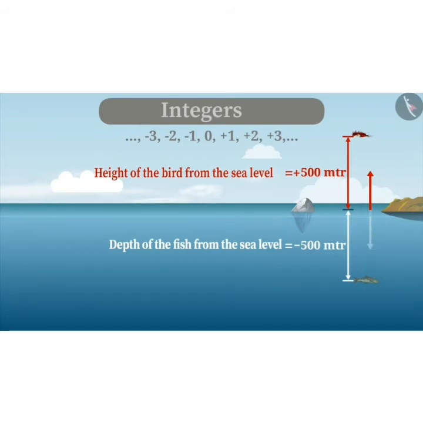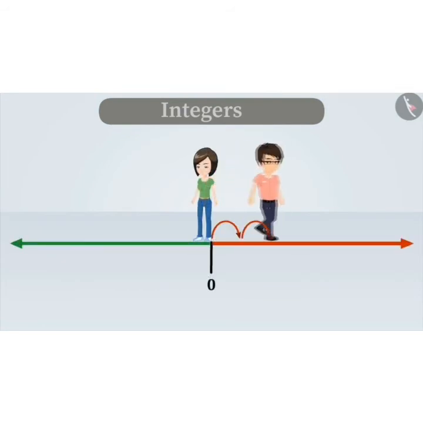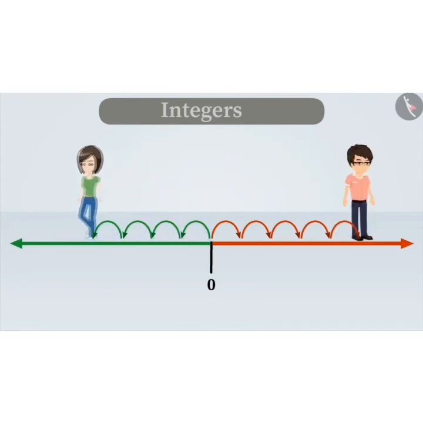Now let's consider some more examples of integers to understand it much better. Let's suppose Rahul and Ruchika start walking in opposite directions from a point, say 0. Rahul walks 5 steps towards the right from 0 and Ruchika walks 5 steps towards the left.